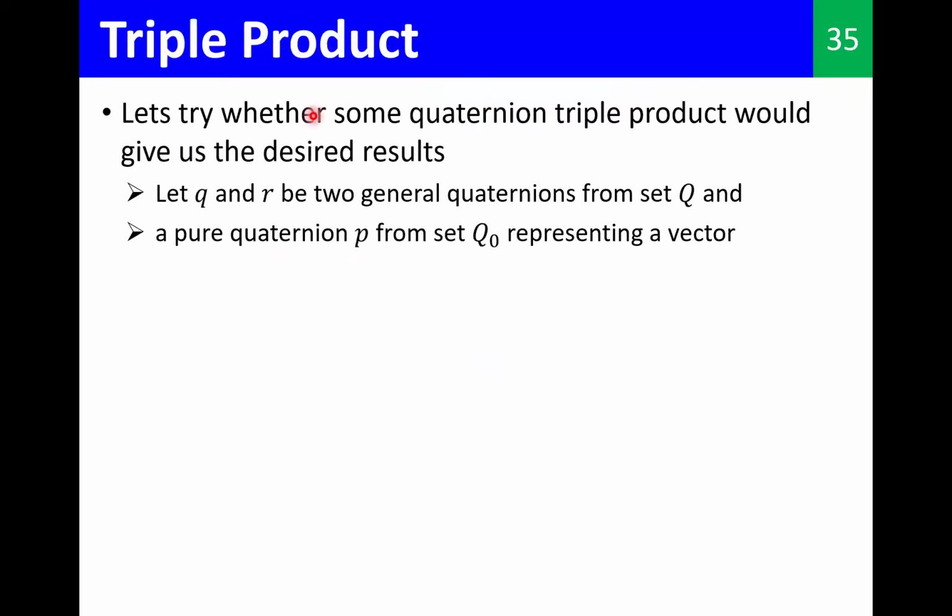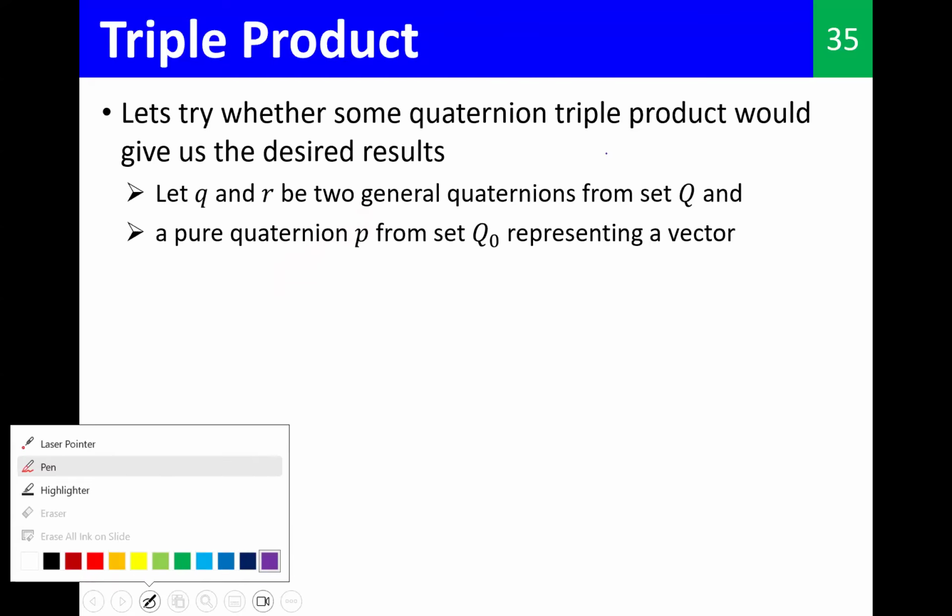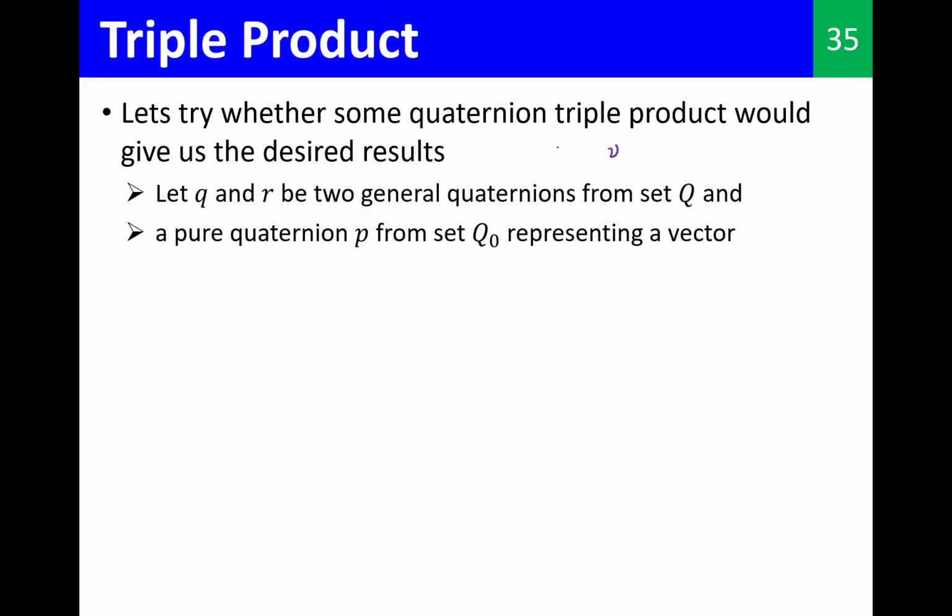Okay, so what I mean by that is, there is a vector I need to rotate. So I have V. I want to apply Q. Q times V did not work.